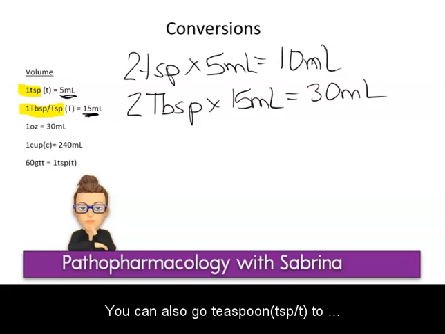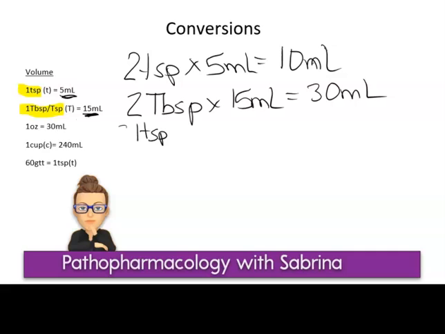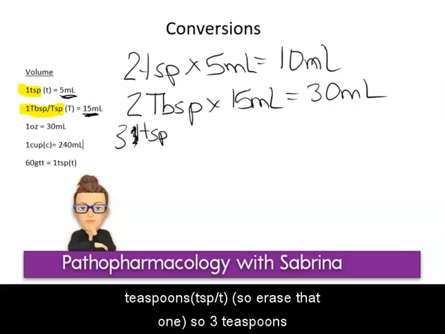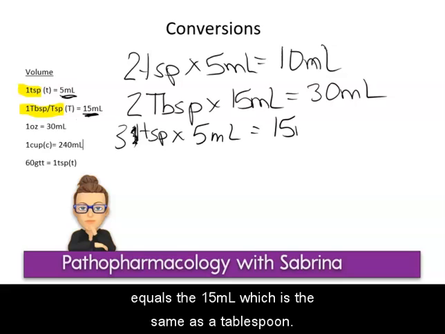You can also go teaspoons to tablespoons. So since 1 teaspoon is equal to 5 milliliters, to get to a tablespoon, you need 3 teaspoons. So 3 teaspoons times the 5 milliliters equals the 15 milliliters, which is the same as a tablespoon.